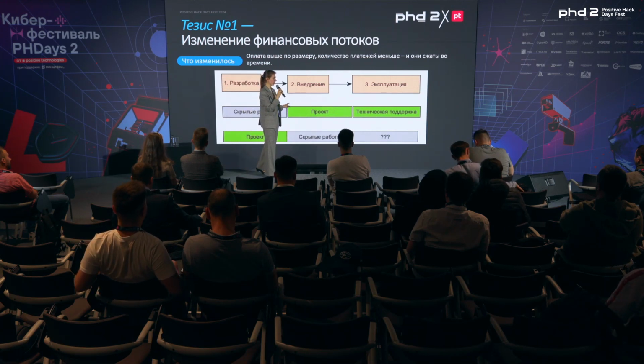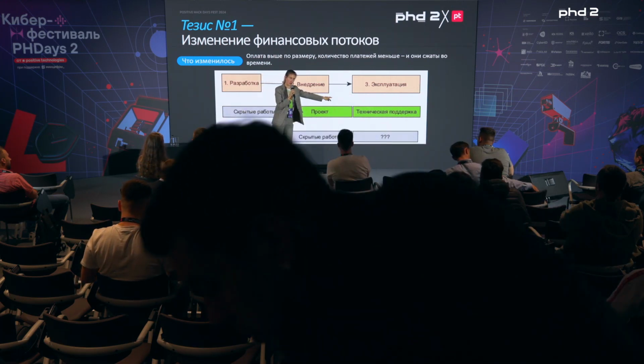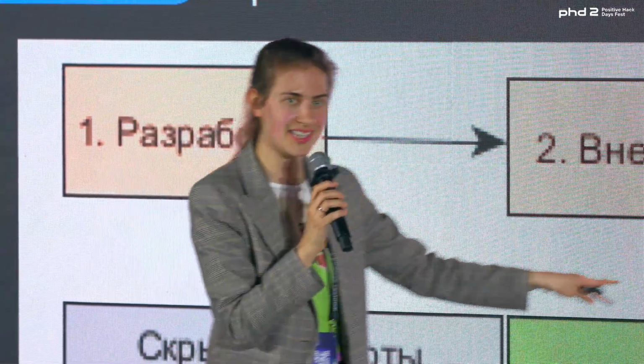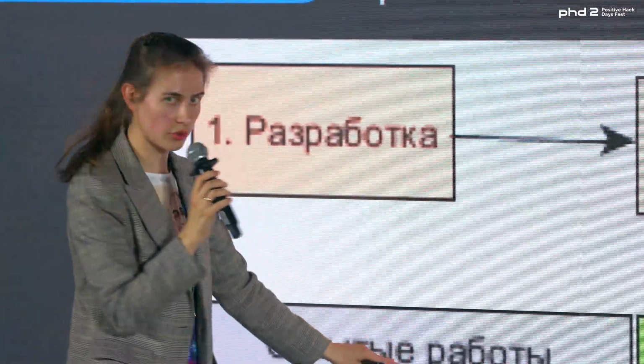So on the stage of operation and implementation, the company gets money and also gets the biggest expenses in terms of manpower and investments. The main investments are right here.